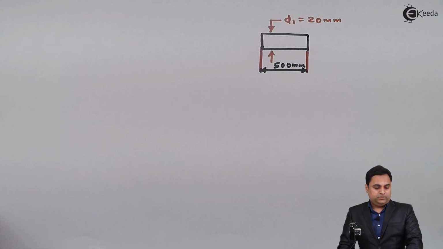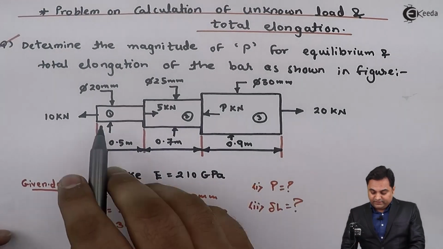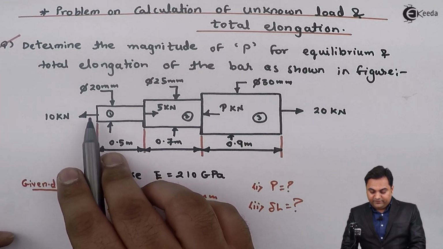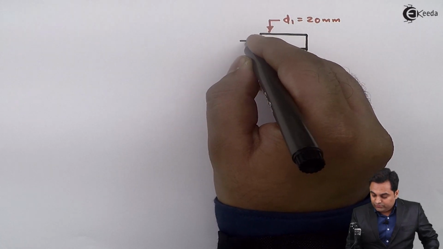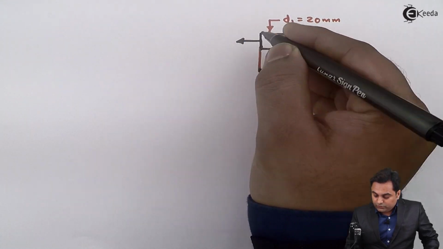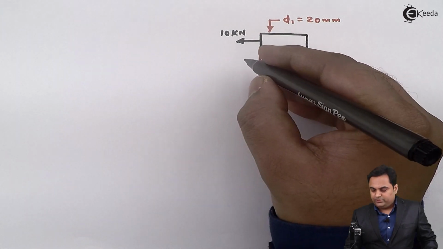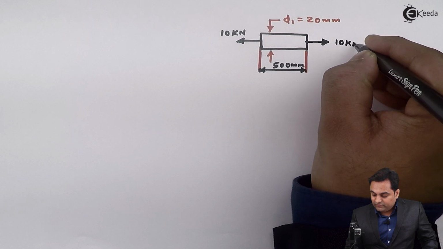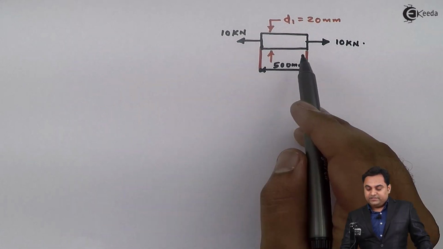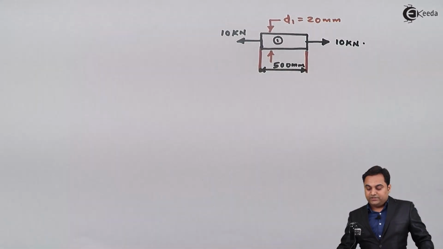Now here it is given that at section 1 we are having 10 kilonewton load towards left. So here I'll mark 10 kilonewton load towards left. To balance this 10 kilonewton we have to add another load which should be towards right, having the same value, so that this section comes into equilibrium. So here this is the first section.